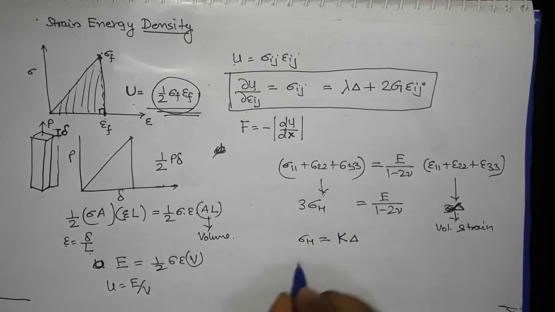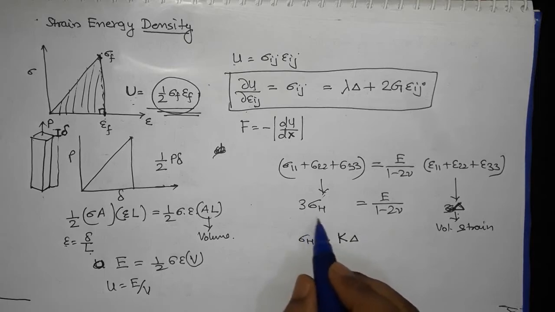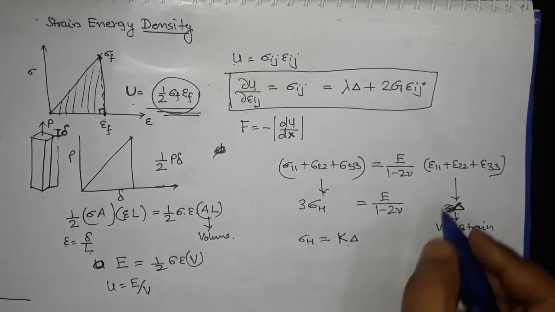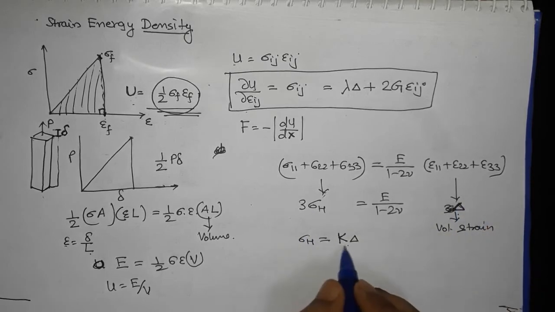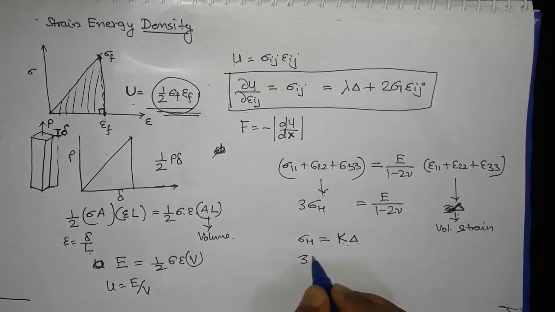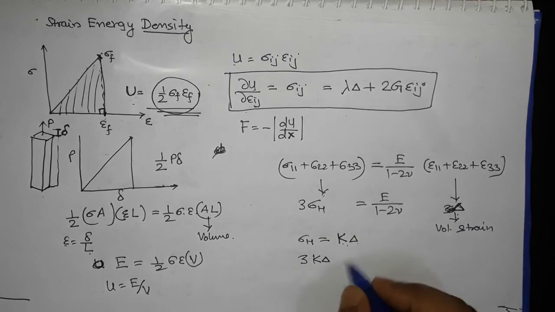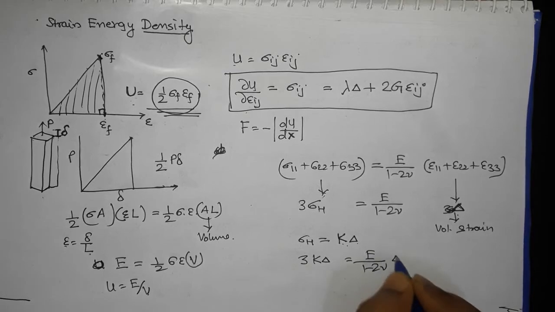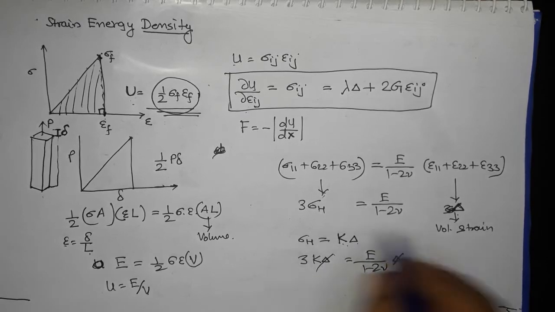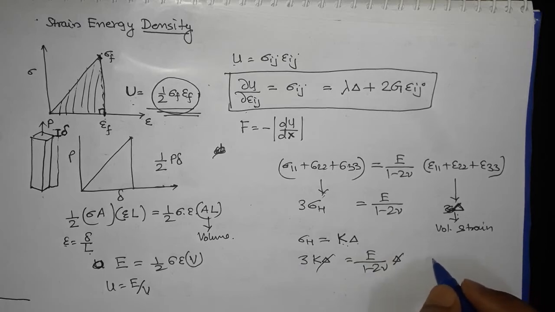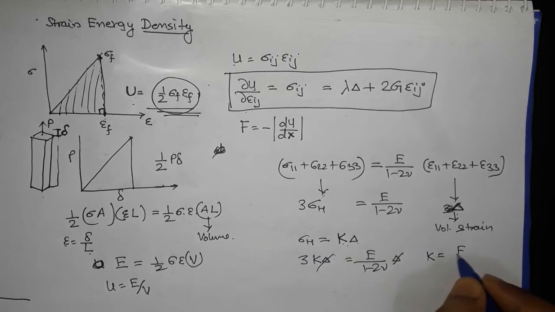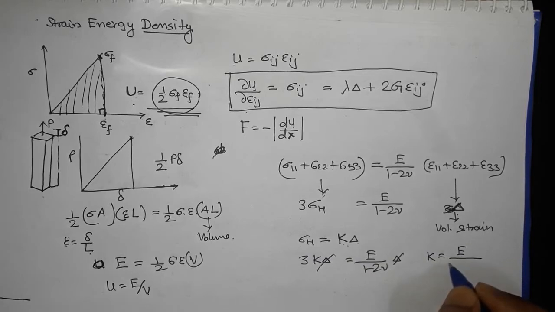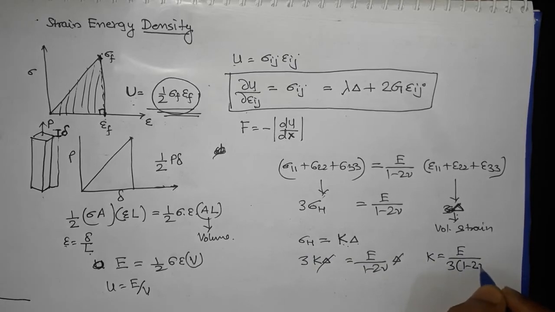So now you can replace sigma h with k delta. So we will have 3 into k delta equal to E by 1 minus 2 mu into delta, which cancels out, and now we have a relationship between k bulk modulus and elastic modulus, which is this, 3 into 1 minus 2 mu.